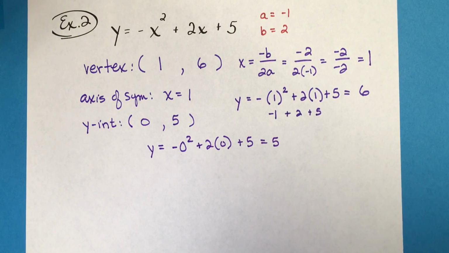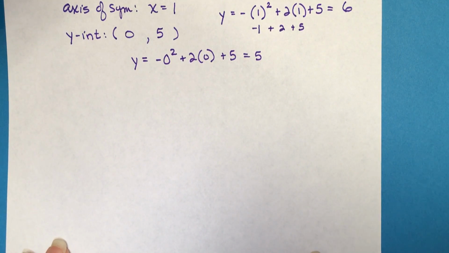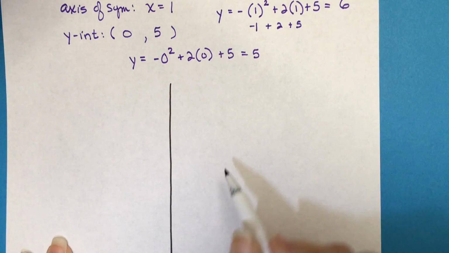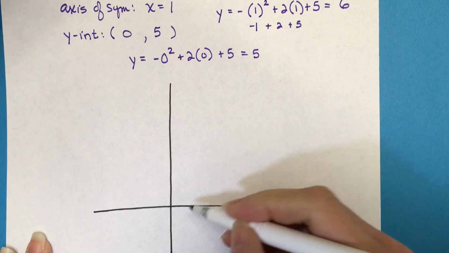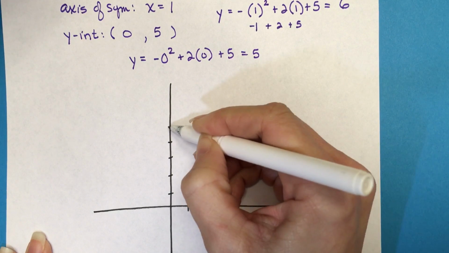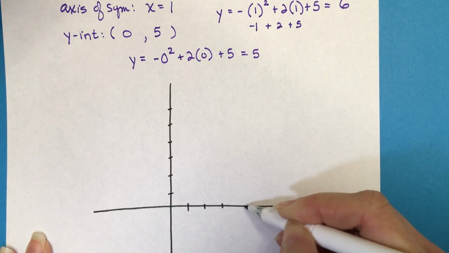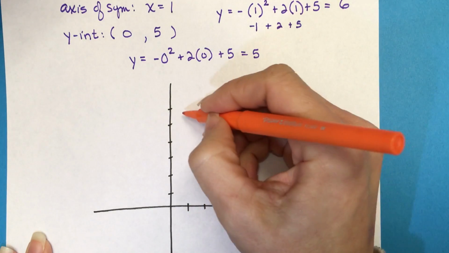All right, so now, vertex is at 1, 6. Okay, so (1, 6) for my vertex.